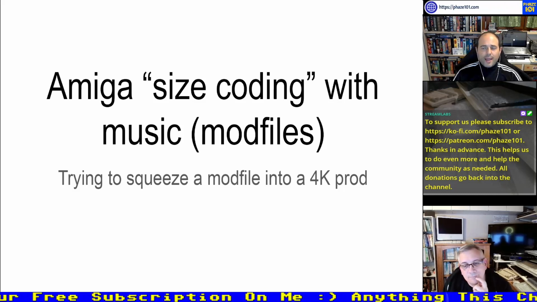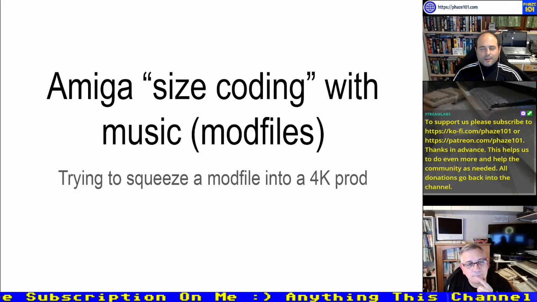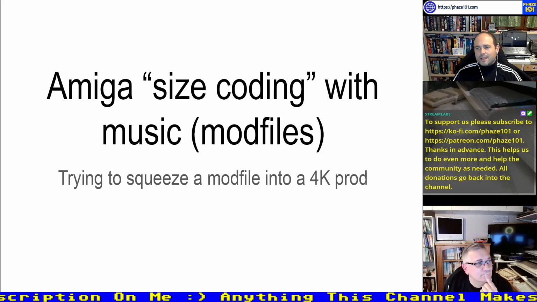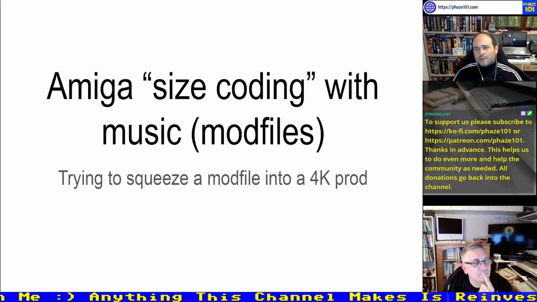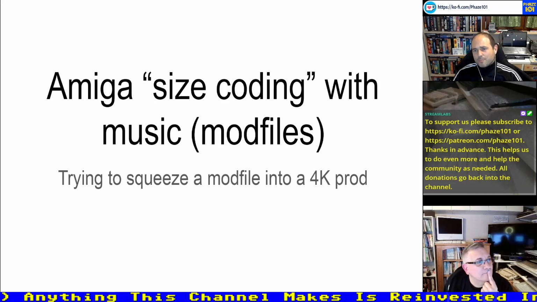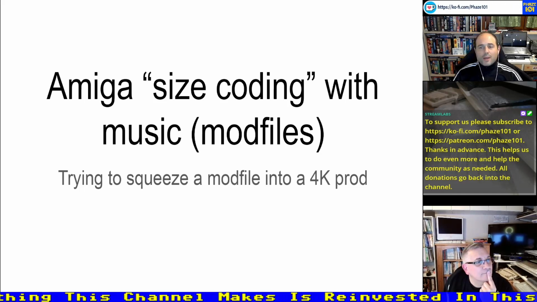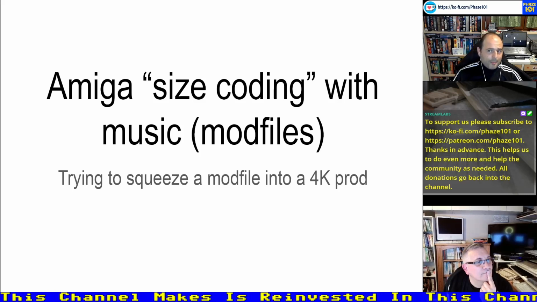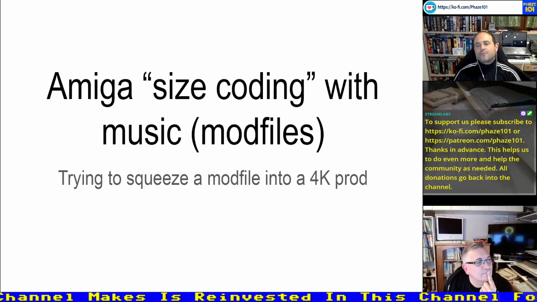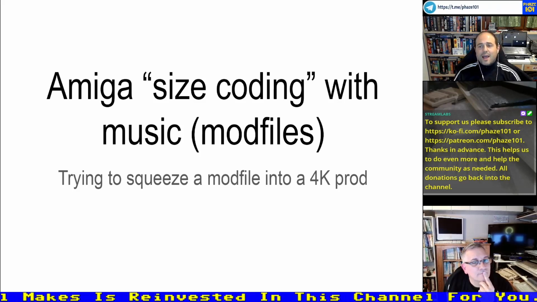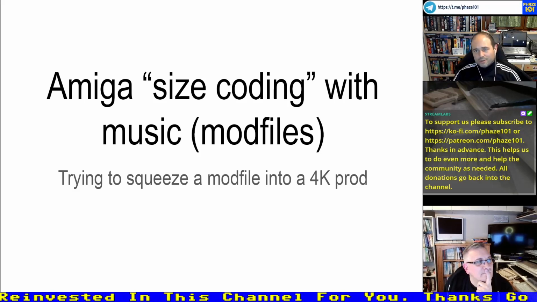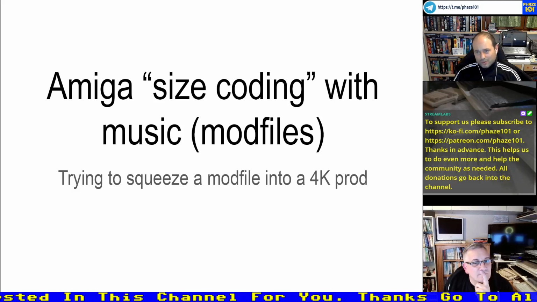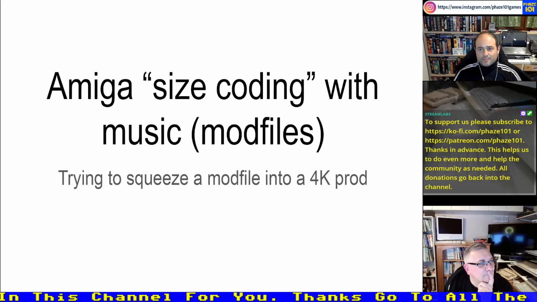As you can easily understand, even a small fraction of a second of a sound takes a lot of space. Usually when you download a mod file, it's a format that has everything inside: the score, the description, the author of the music, but also the instruments.